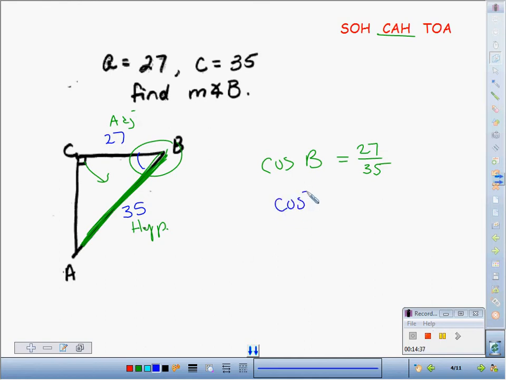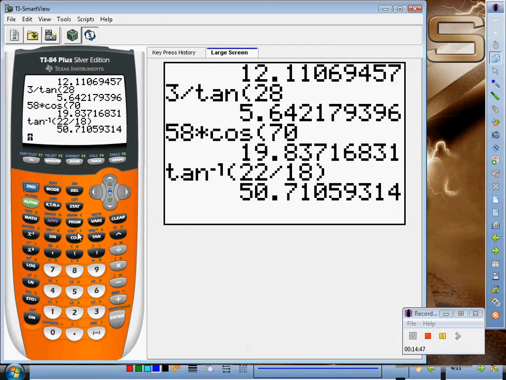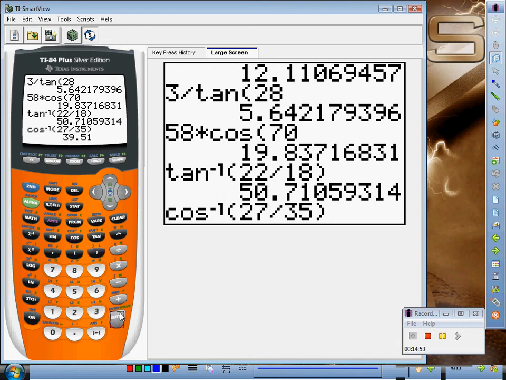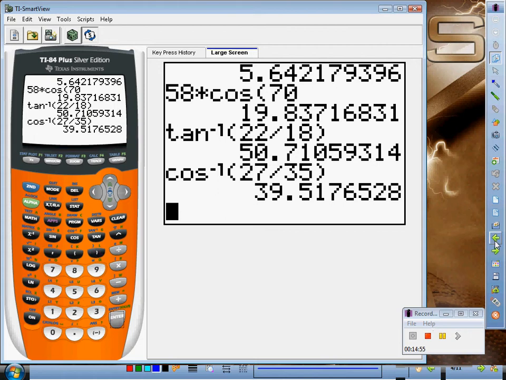We will now rewrite this as cosine inverse of 27 over 35 equaling B, and now just punch it in. The cosine inverse of 27 over 35 will equal about 39.5 degrees.